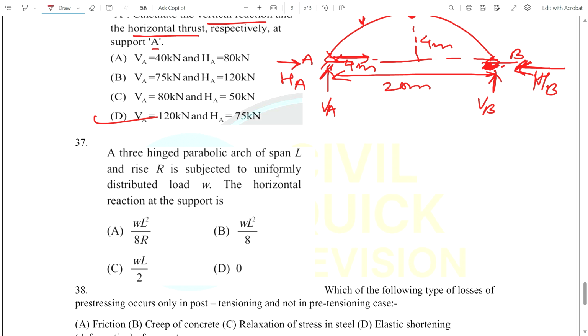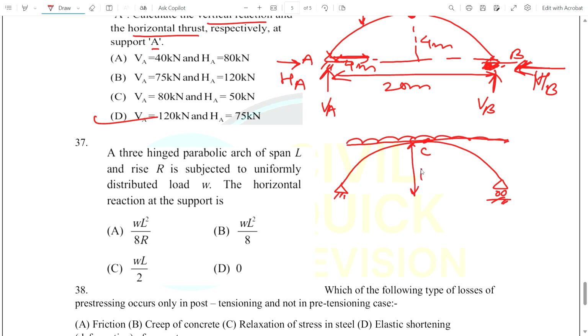Now question number 37. A three-hinged parabolic arch of length L and rise R is subjected to uniformly distributed load. What is the horizontal reaction at the support? If I draw a hinge like this, this is point C. There is a uniform loading W kilonewton per meter.